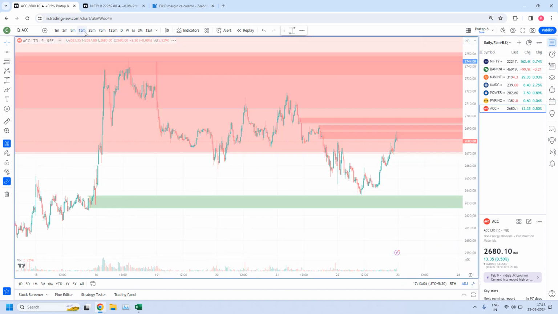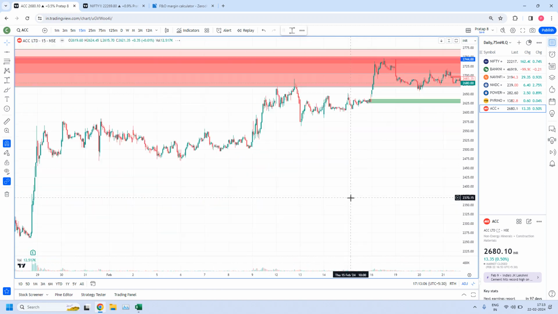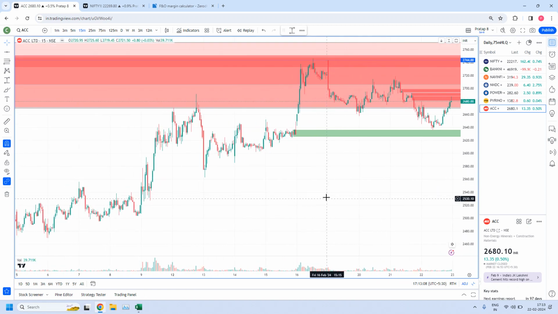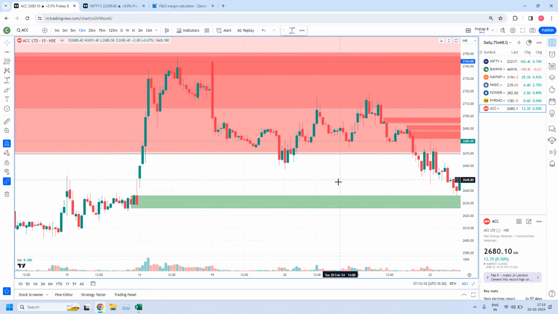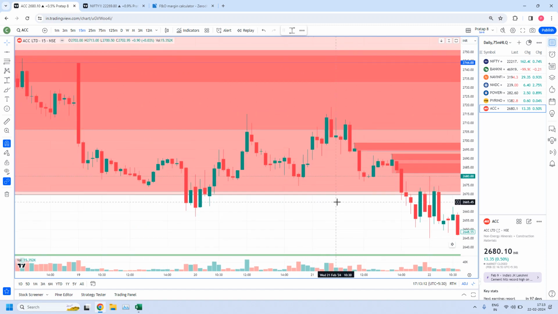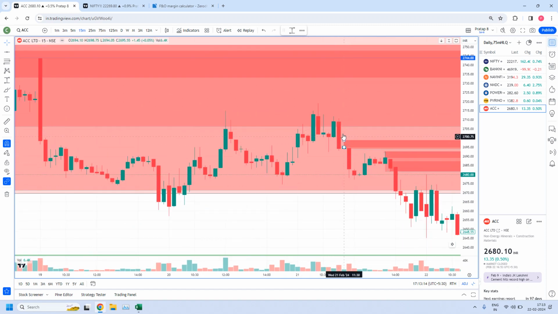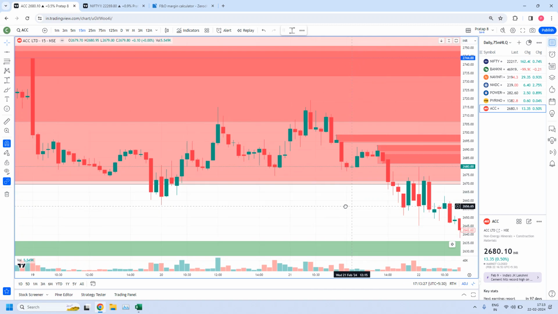Going to the 15 minutes time frame, we have rally base drop, and base drop. In the drop base drop, we created one 5 minutes zone.